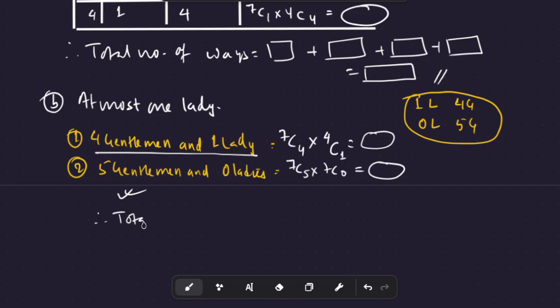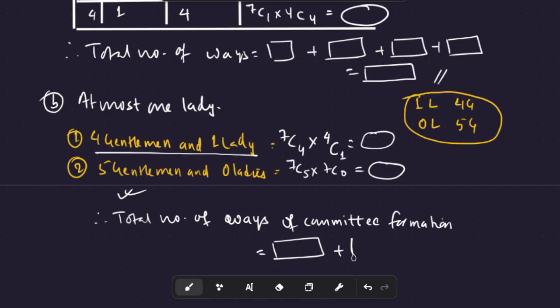Therefore, the total number of ways of committee formation equals this value plus this value. There are two options only. So adding the number of ways of both options, we get the final answer. This is our answer.